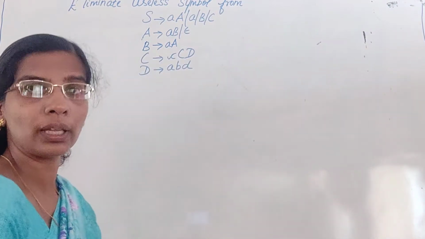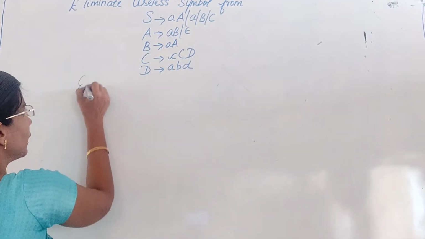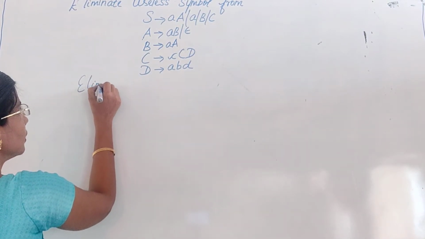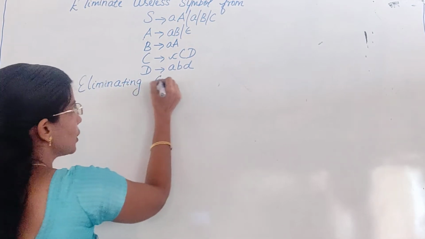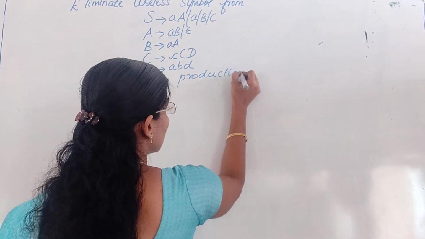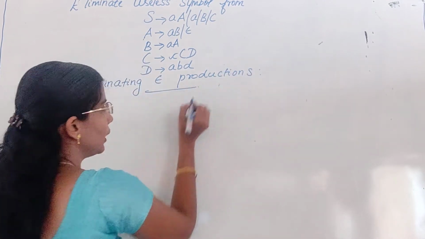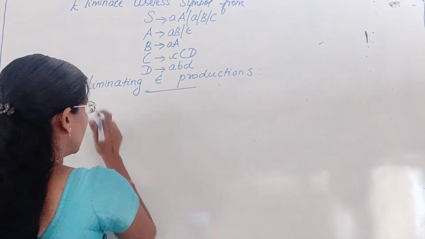First put the heading as eliminating epsilon productions.